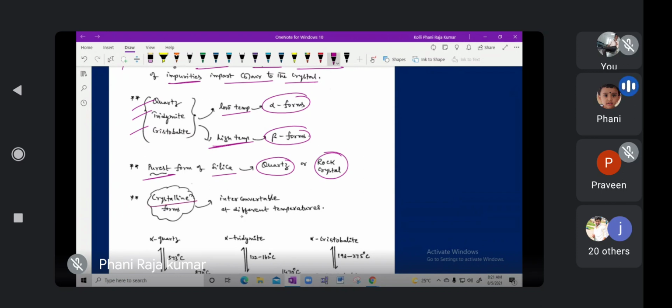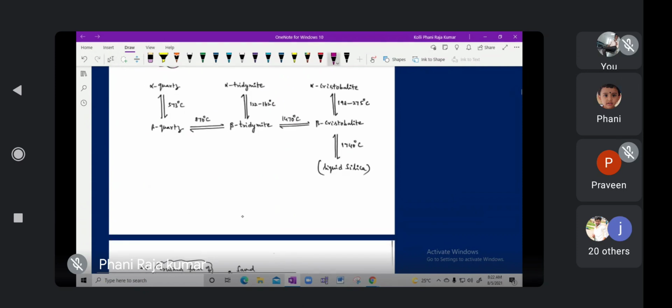These crystalline forms, quartz, tridymite, cristobalite, are interconvertible at different temperatures. Low temperatures give alpha forms, high temperatures give beta forms, and you can convert one form to another by changing the temperature. This is the flow chart: alpha quartz, alpha tridymite, alpha cristobalite, beta quartz, beta tridymite, beta cristobalite.